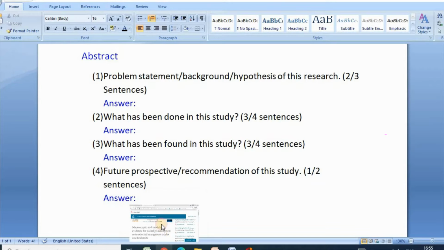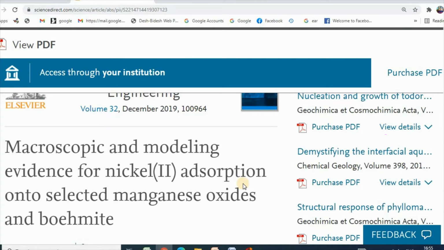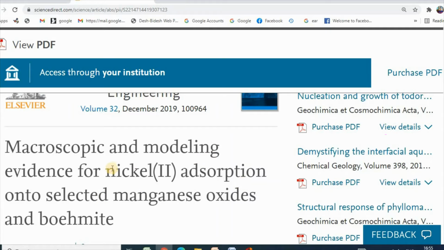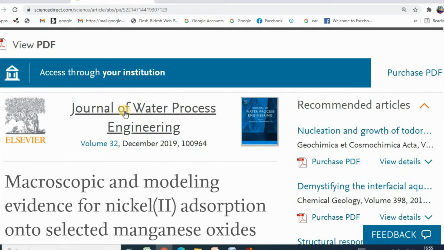Now, I will show you a typical example of a good abstract. For example, one is Macroscopic and modeling evidence for nickel adsorption onto selected manganese oxides and boehmite, which has been published in the Journal of Water Process Engineering.